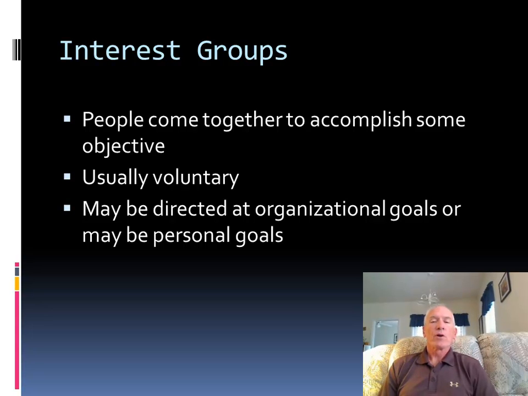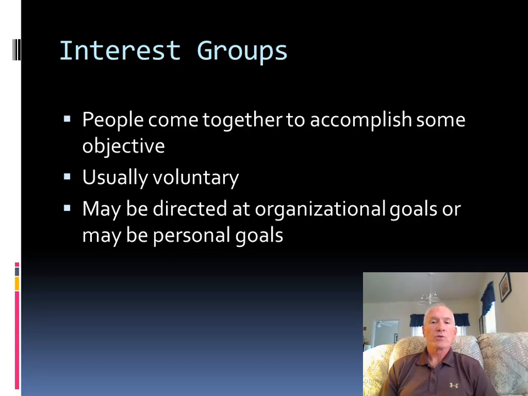Interest groups are when people come together to accomplish some particular objective. It's usually voluntary, and it could be directed at organizational goals, or it may be personal goals. So you may have a group of officers who come together to form a softball team to represent the police department in a softball league.